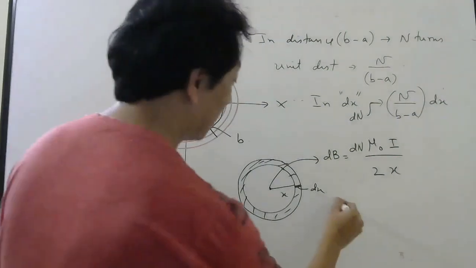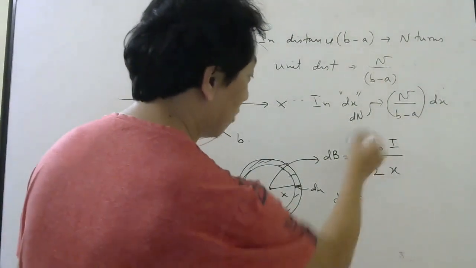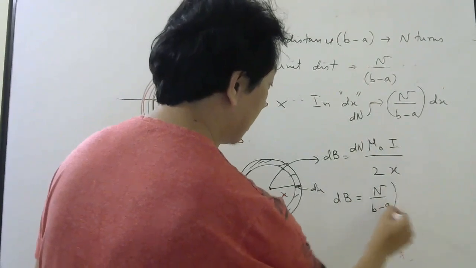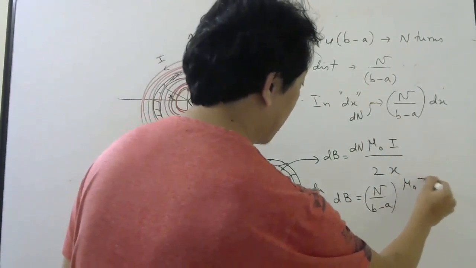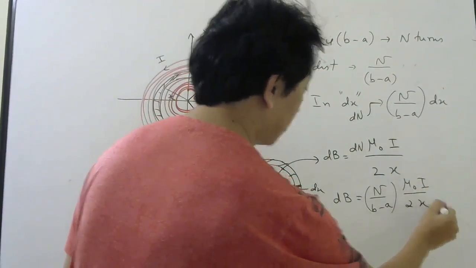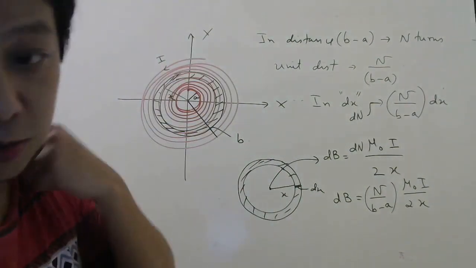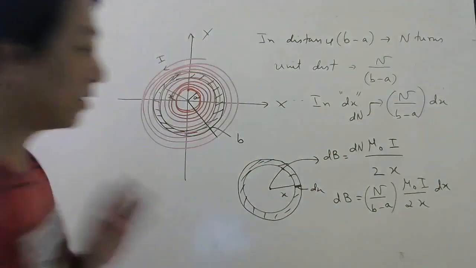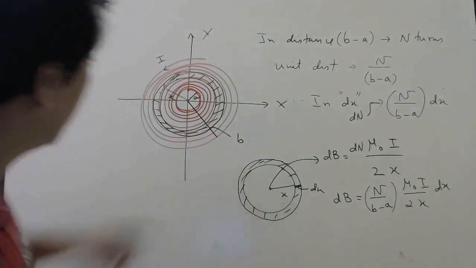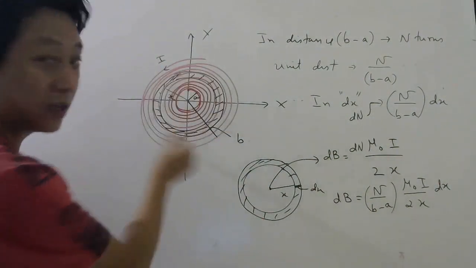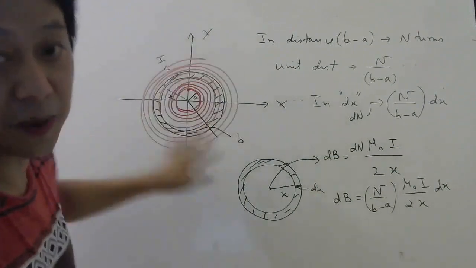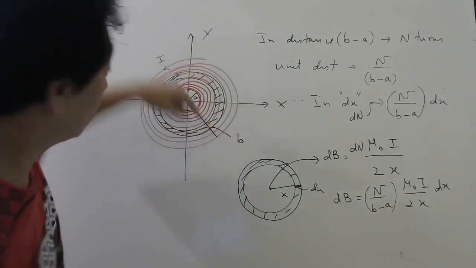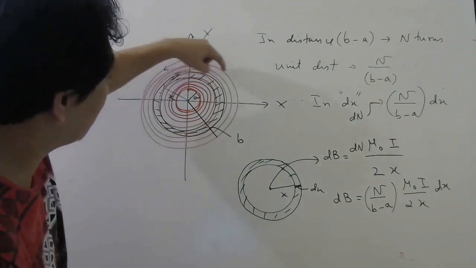So magnetic field, I can write this formula, and number of turns is what? N by b minus a, mu naught I by 2x, no pi because it is due to a circle, into dx. Correct? So this is the magnetic field at this point due to one ring of this whole spiral. Now I need to consider such rings starting from this radius till I reach this radius.